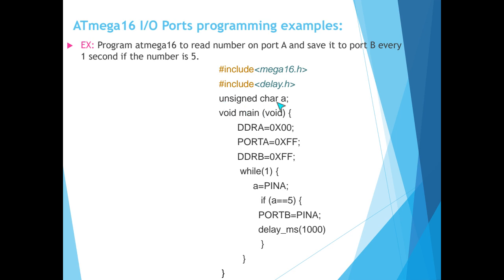We have a global variable. We determined it. At first I want to read the data from port A. For reading data from one port, we use which register? Help me, please.